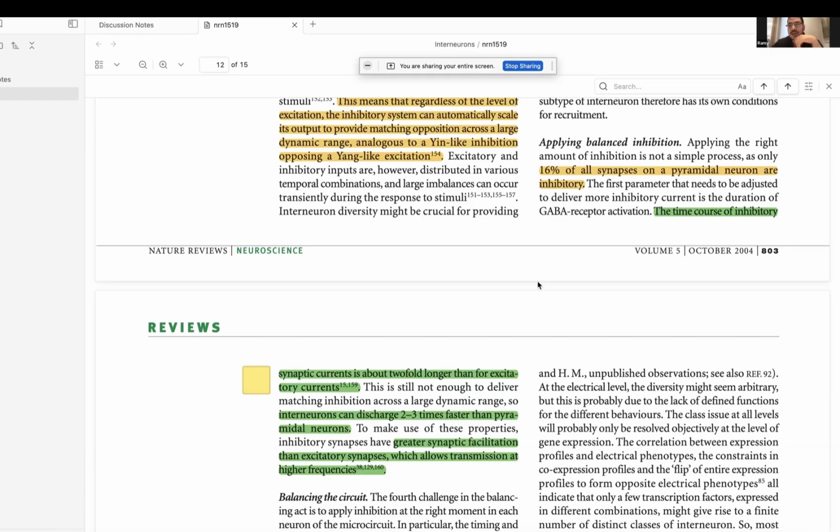Right. They're trying to balance this with the idea that 16% of all synapses on pyramidal neurons are inhibitory. So they're saying if they're only 16%, then how can we balance it with inhibitory synapses? But that's a really crazy idea too, because this is ignoring the idea that dendrites are active processing elements.